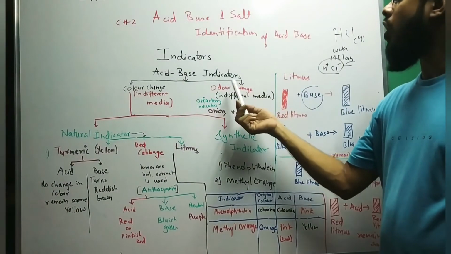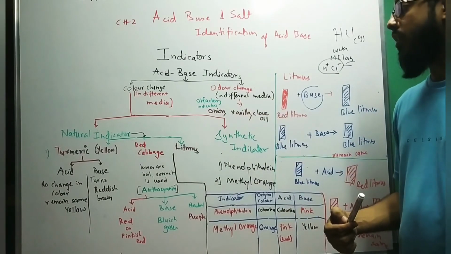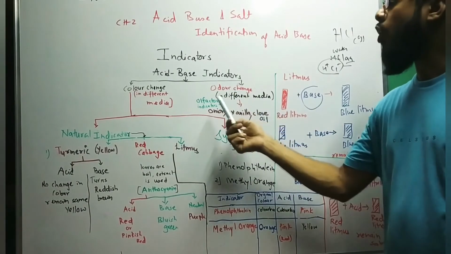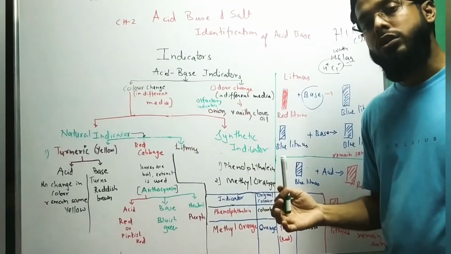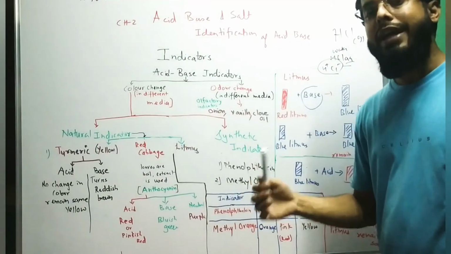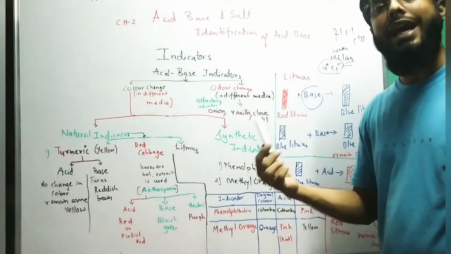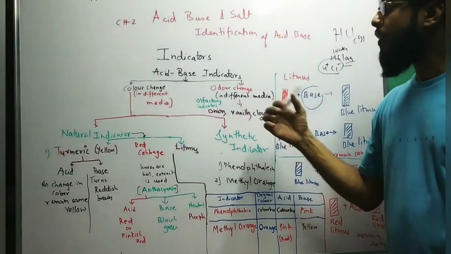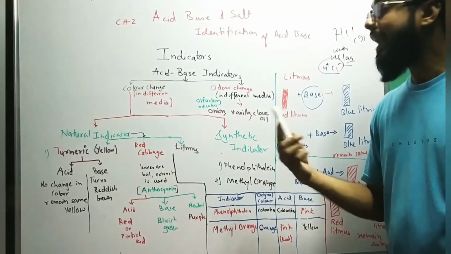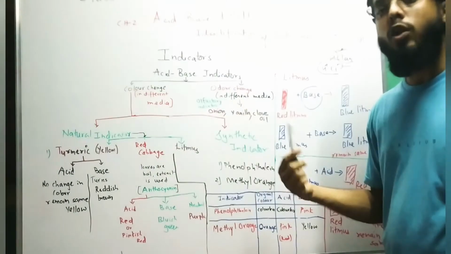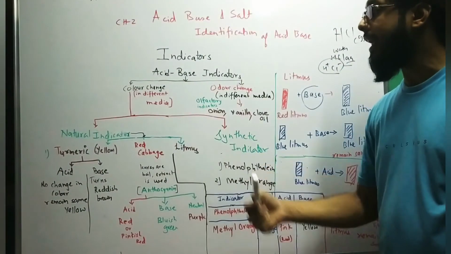Now let's talk about odor-change type indicators, which are also known as olfactory indicators. Olfactory indicators are those which change their odor in different media, especially in acidic or basic medium. So substances which change their odor, or smell, in different media like acidic or basic are known as olfactory indicators.